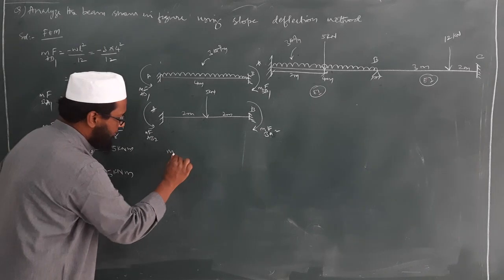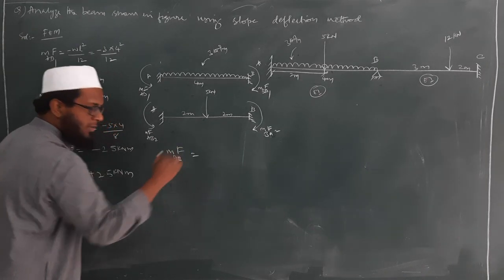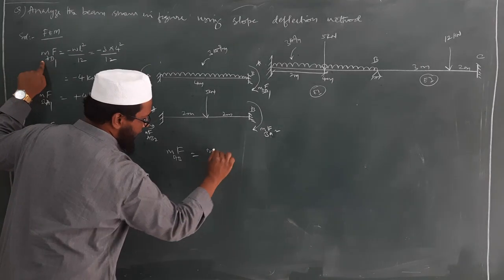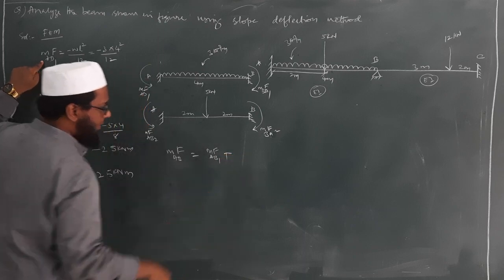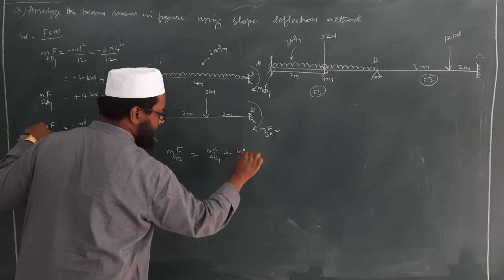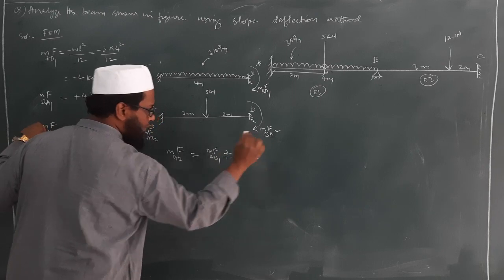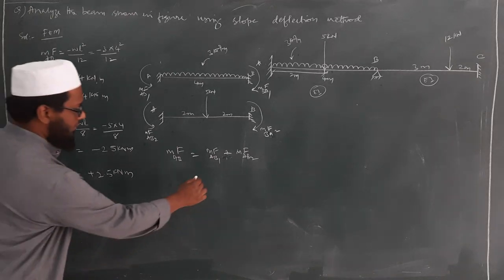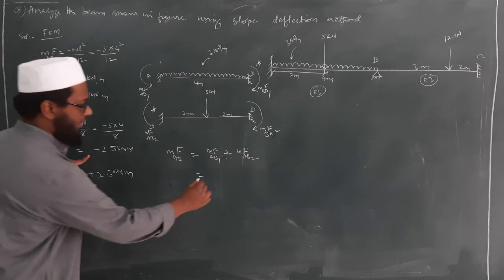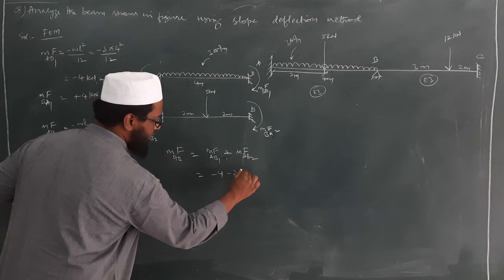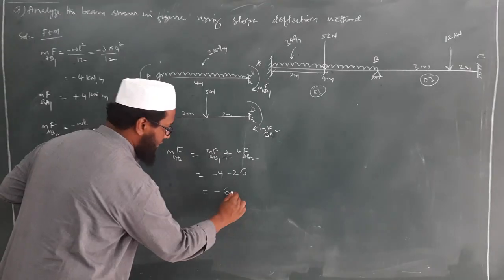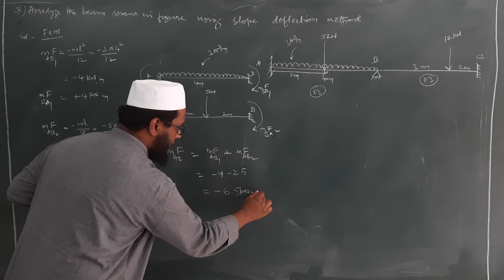Now what will be the final value? Final MFAB is equal to MFAB1 plus MFAB2. MFAB1 is minus 4, minus 2.5, which is minus 6.5 kilonewton meter.